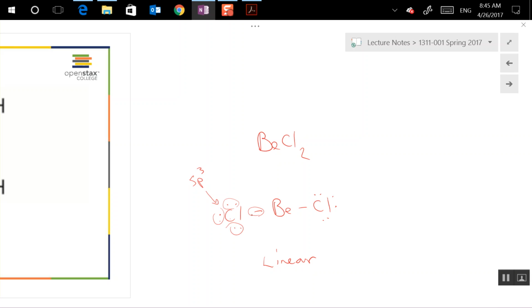So it's sp3 to have those 4. So that means this chlorine is also sp3. What about Be? What's the hybridization? sp. Only 2 hybridized orbitals, right? So that's the hybridization of Be.